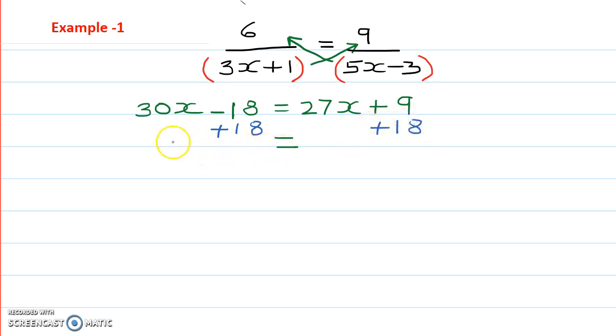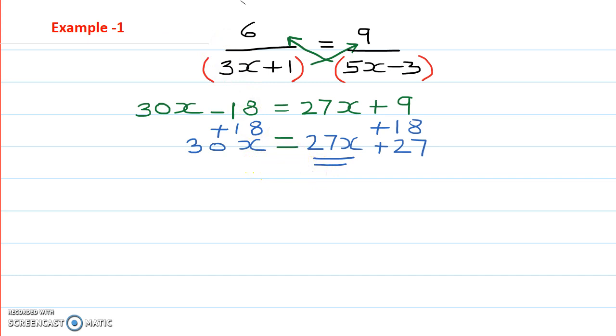So we are left with 30x on this side, and this is 27x, and 18 plus 9 is also 27. Now this x is here, so we can shift this x to this side. How can we do that?